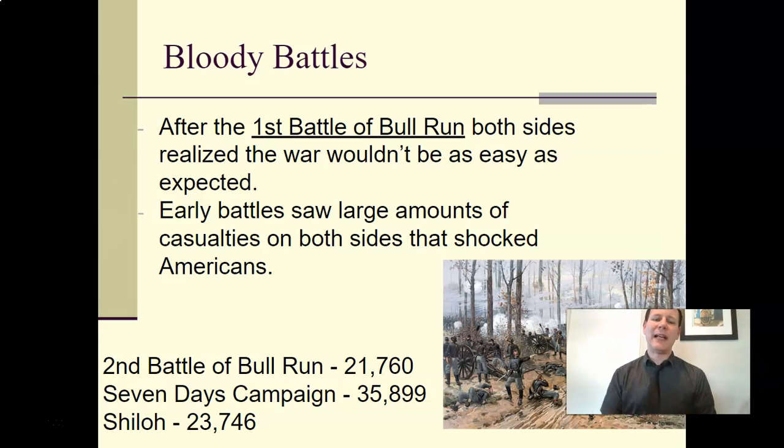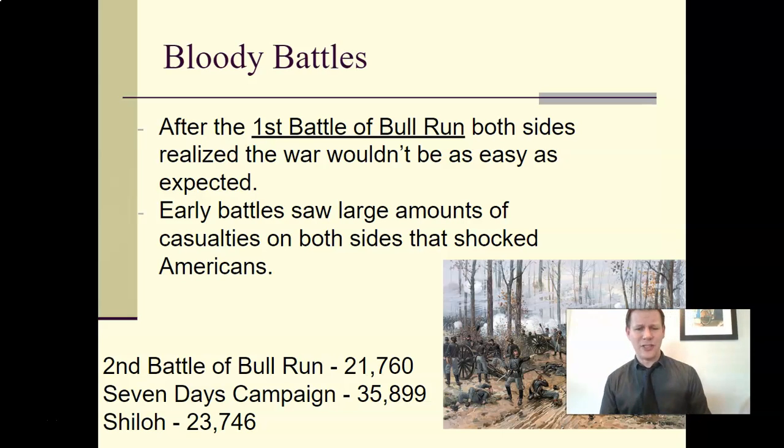So when they realized it wasn't going to be a short war, we start to see other battles in the future, and the casualty counts start to skyrocket, which we'll get into in a minute. There's a rematch at Bull Run, 21,000 casualties there. The 7 Days Campaign is, again, the North trying to invade Richmond.